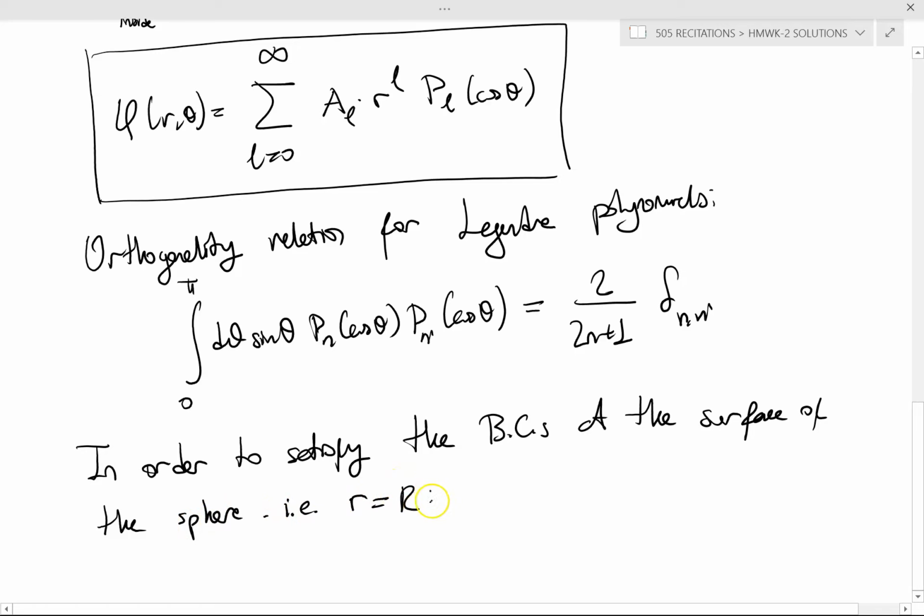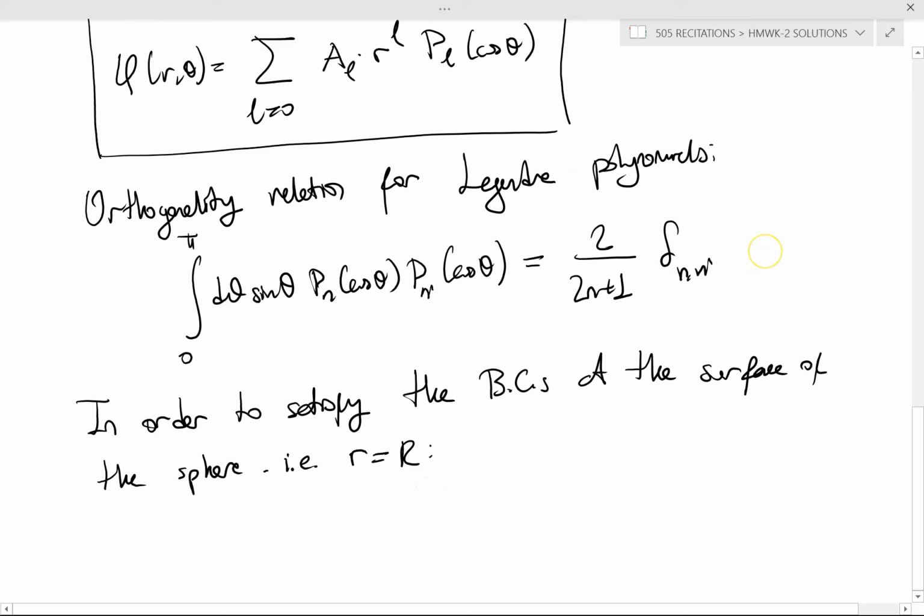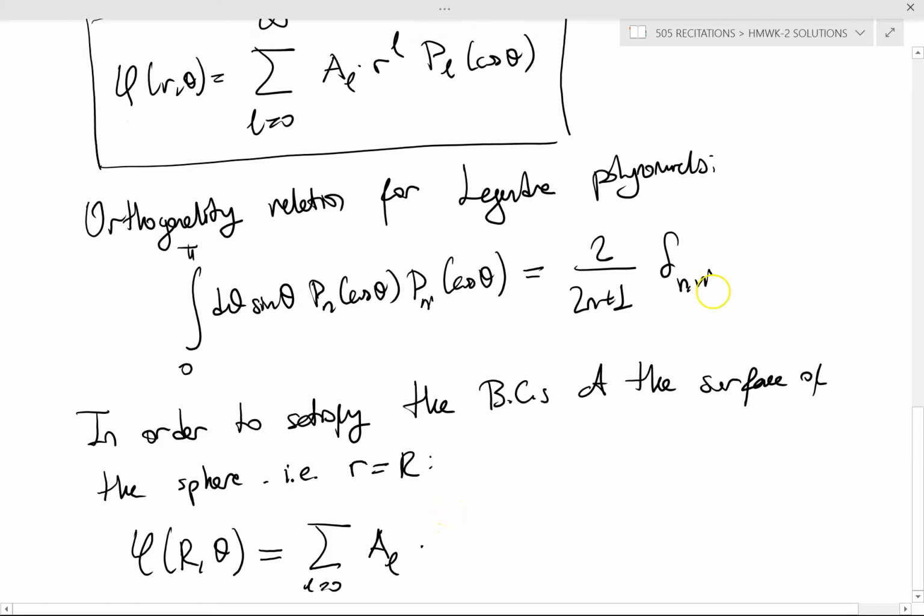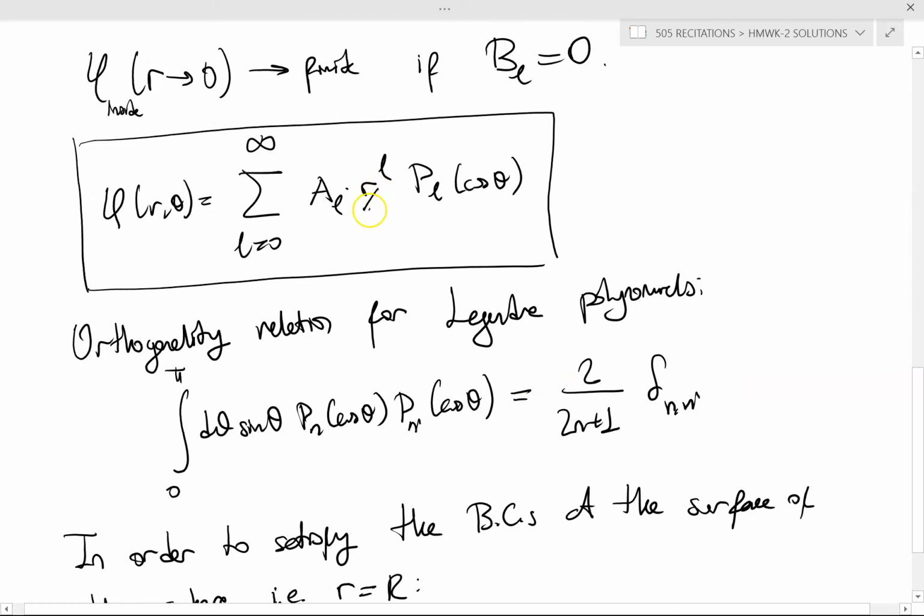Yes, capital R. I am doing the following: psi(r, theta) is equal to the sum over L of A_L, let me change it like this, (r over R) to the power of L. I did nothing but adding this R to the power of L into this.